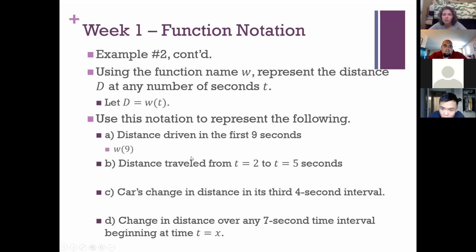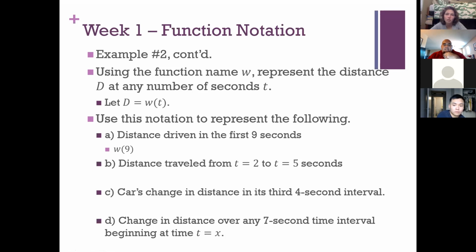So in fact, yes, W of 9 is what I'm looking for. And I know you said D equals W of 9. You're absolutely right that yes, that is what the distance is equal to at that time value. Well, I'm just looking for the function notation. So if you want to include the D, you're more than welcome, but we don't absolutely need it.